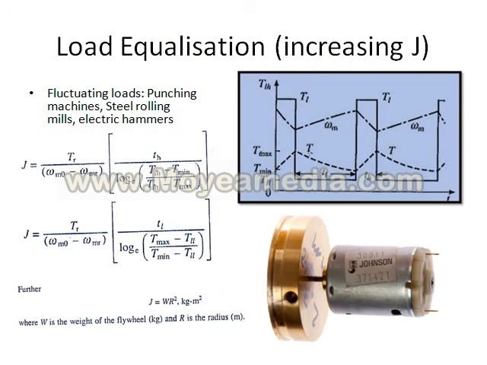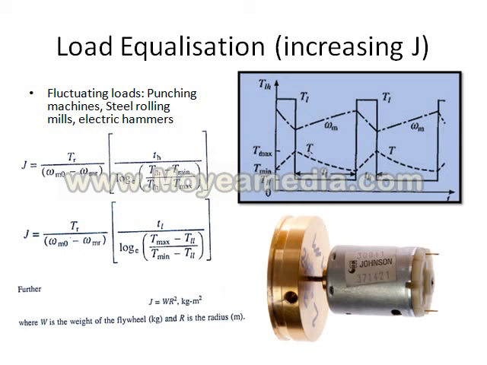Load equalization. In some applications, load torque fluctuates widely within short intervals of time, as the diagram shows. For example, in pressing machines, a large torque of short duration is required during the pressing operation. Otherwise, the torque is nearly zero.